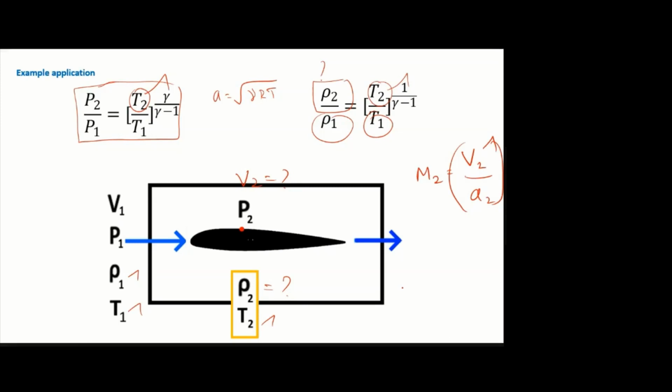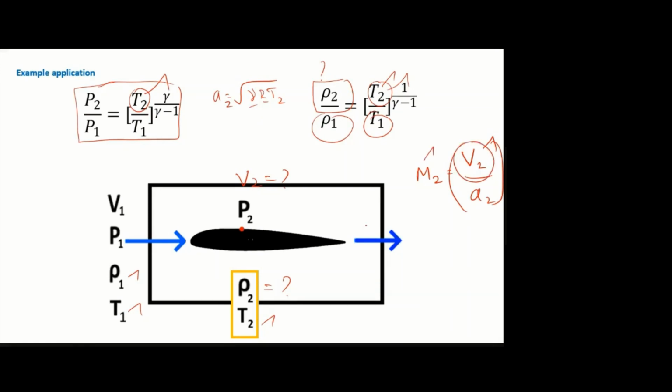To find Mach number, V2 by A2, and to find A2, it will be gamma R T2. So T2 is known. Gamma is constant, R also constant. So M2 you can find once you know the V2.